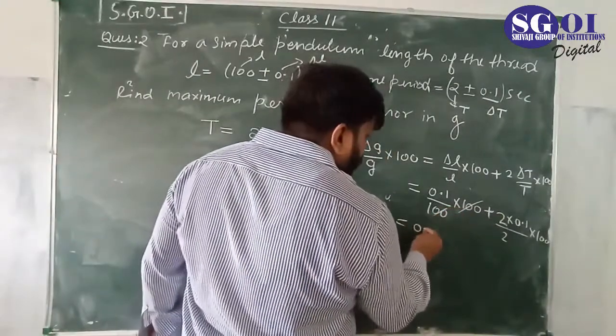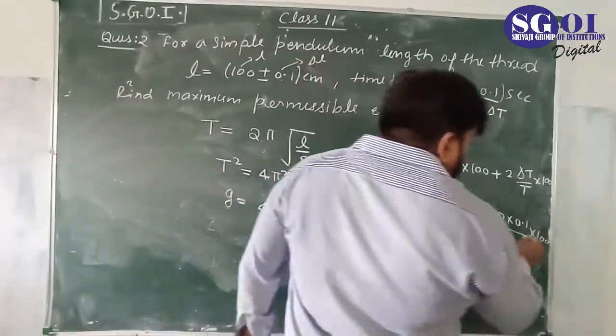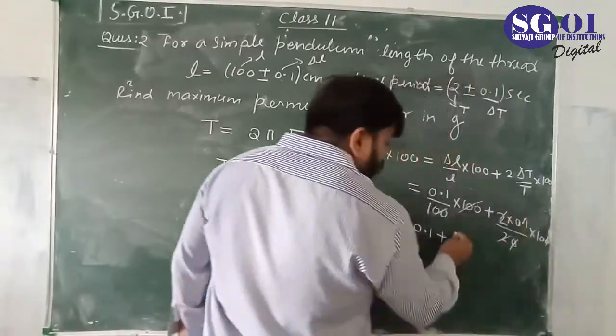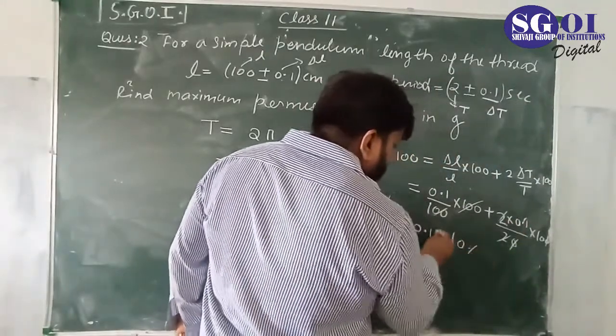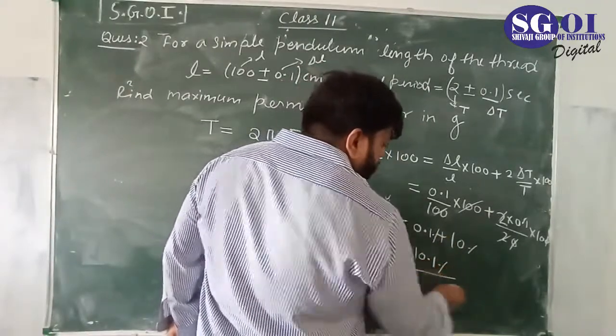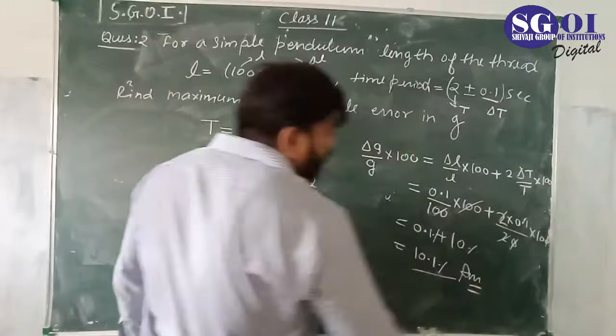It is 0.1 plus, 0.1 and 2 cancel, so it is 10. This is percent. This is 0.1. So the final answer is 10.1%. This is our final answer.